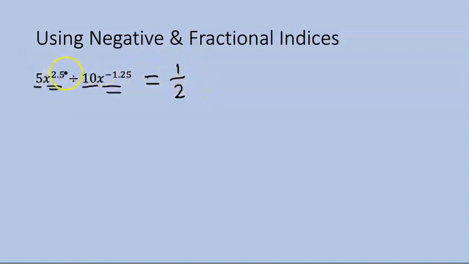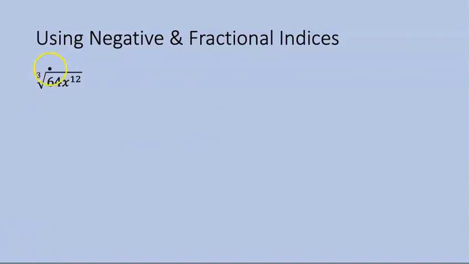So because I'm doing 2.5 take away minus 1.25, I'm going to add them together. 2.5 add 1.25 is going to give me a half x to the power of 3.75.